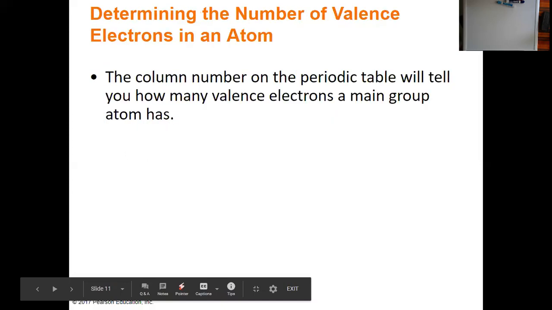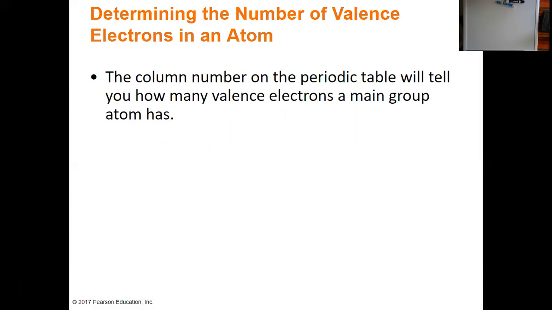We need to figure out how to count the number of valence electrons in an atom. We've already started doing that. The column number of the periodic table is going to tell us how many valence electrons a main group element has. In a Lewis structure, we represent the valence electrons of main group elements as dots surrounding the symbol for that element.